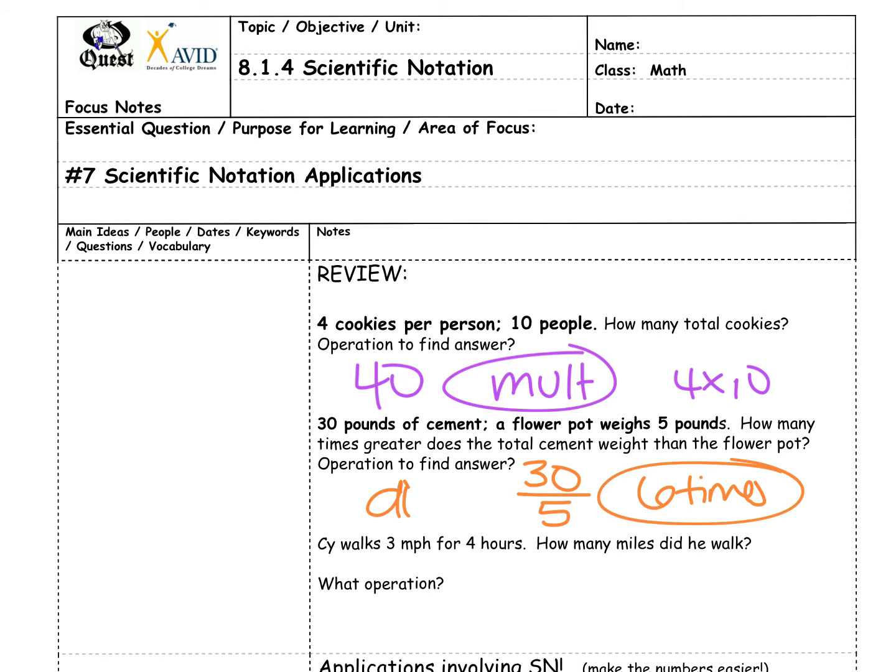And it's a division problem. And if Si walks 3 miles an hour for 4 hours, he walked 12 miles total because we had to multiply 3 times 4. So if you can figure out these simple problems, you can figure out scientific notation.